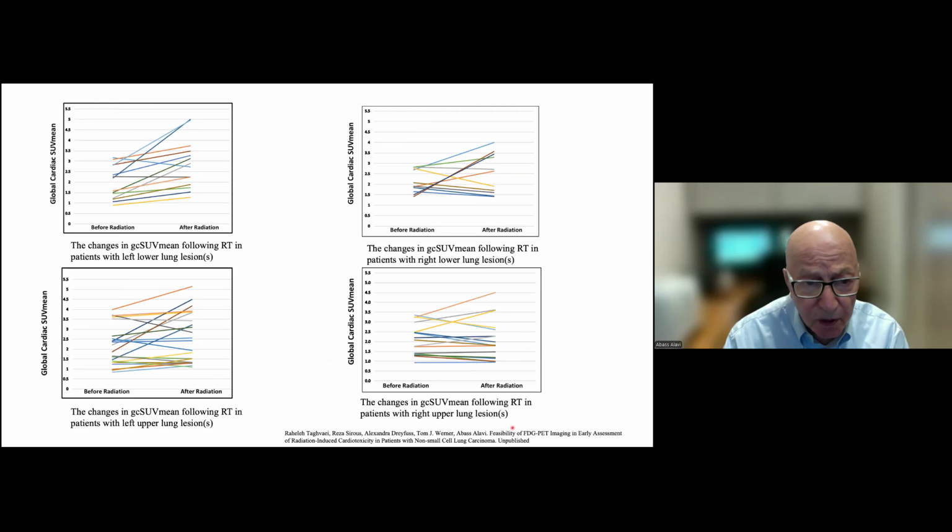This, of course, shows cardiac inflammation in every location except for the right upper lung, which doesn't cause cardiac inflammation. In any other locations in the lungs, when it is radiated, it causes significant inflammation in the cardiac area, and that is another cause of atherosclerotic plaques in the coronary artery.